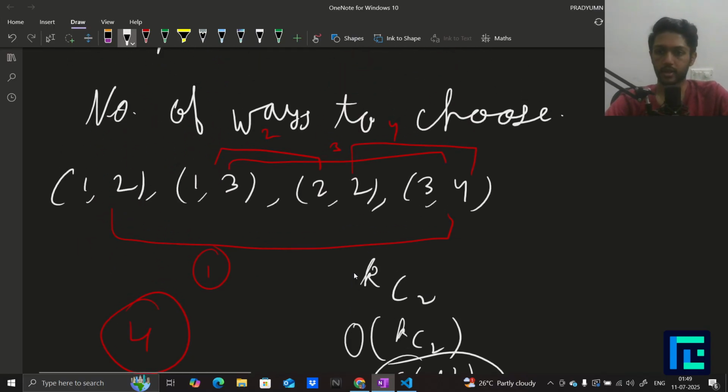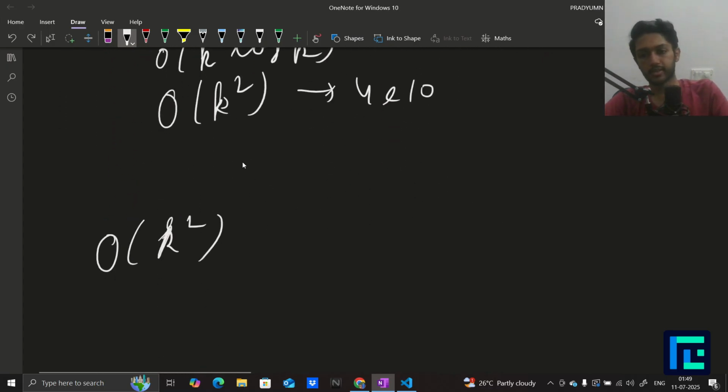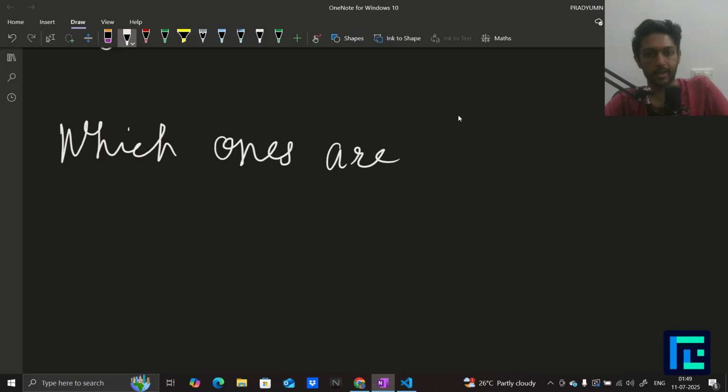So instead of just iterating over all of the pairs of couples and counting which ones are valid, what we can do is do the reverse. That is, just ask ourselves which ones are invalid.